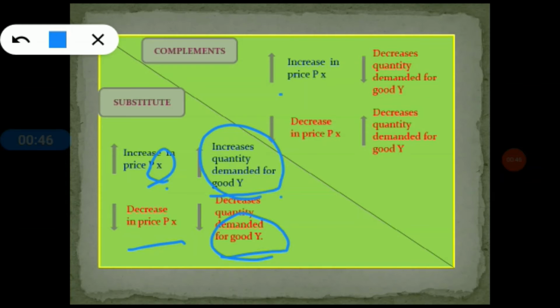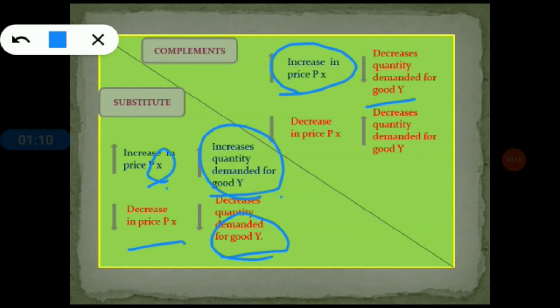So when the price of commodity X increases, it indicates the quantity demanded for good Y will decrease, because X and Y both are complementary to each other and both are consumed together for satisfying our particular want. Clear?